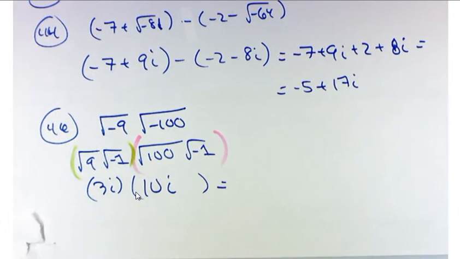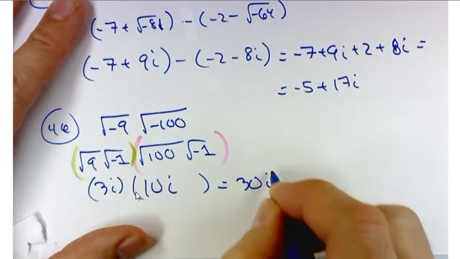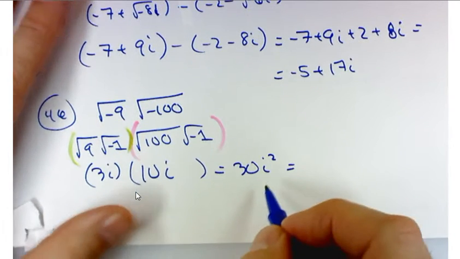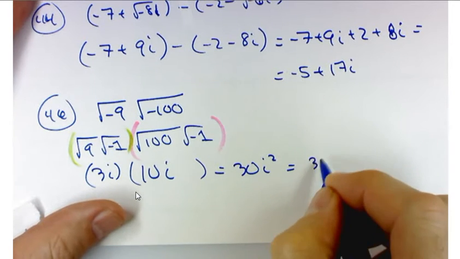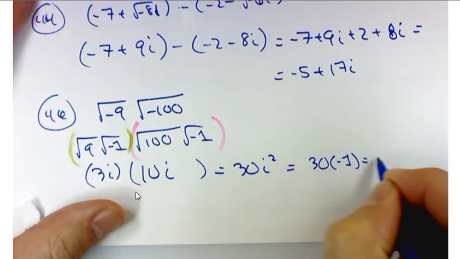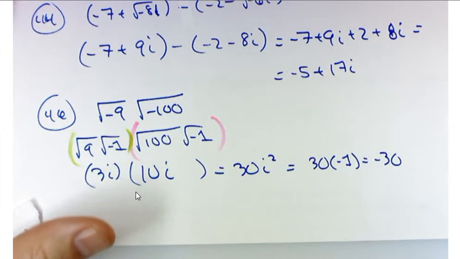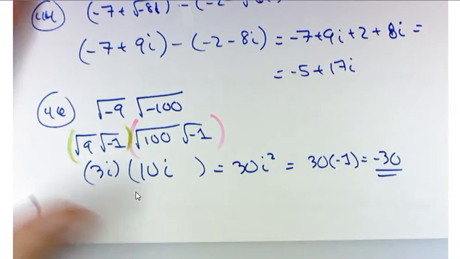What do I get when I multiply 3i times 10i? 30i squared. Does anyone remember what I said i squared was? -1, right? So i squared is -1, so I end up with -30. That's the correct answer here.